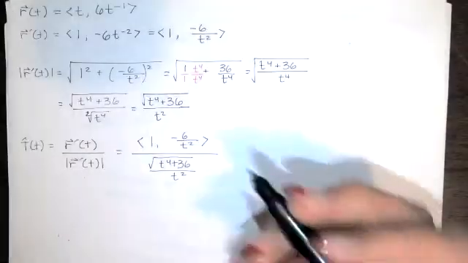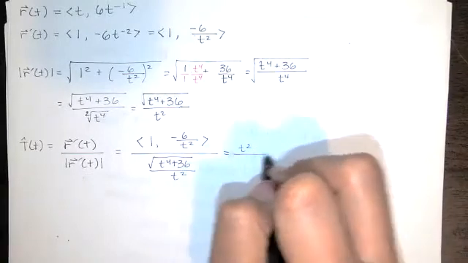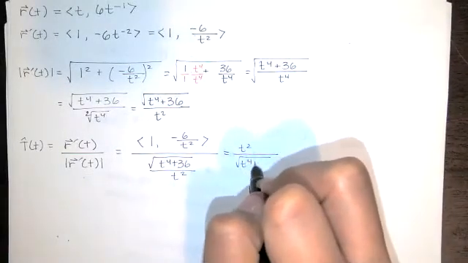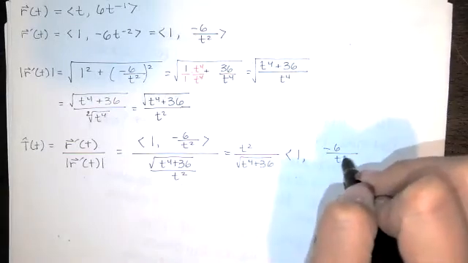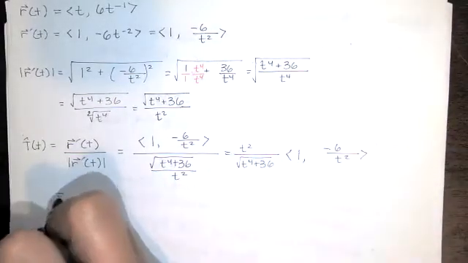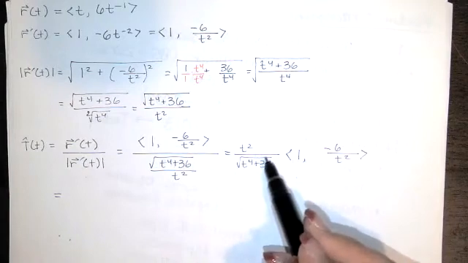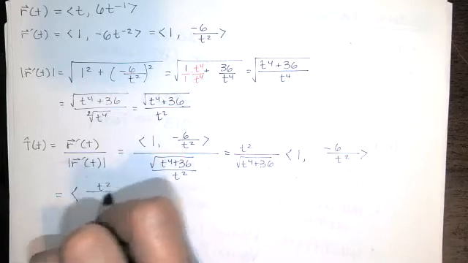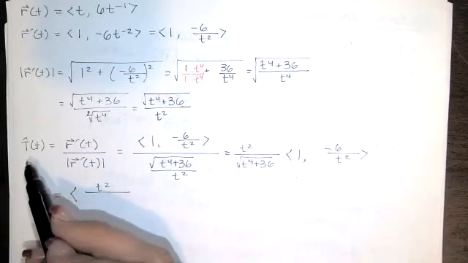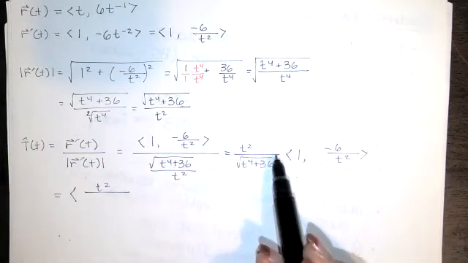Now dividing by a fraction is the same as multiplying by the reciprocal. Now, if you have a scalar function here, you'll multiply each of the components by that scalar function. And we're about to compute n hat, so we'll have to take the derivative of this.